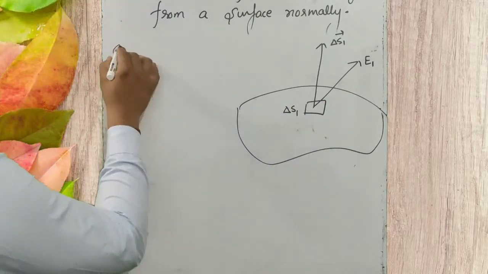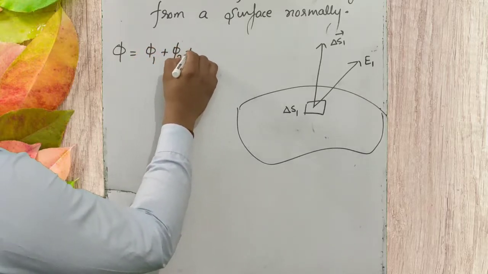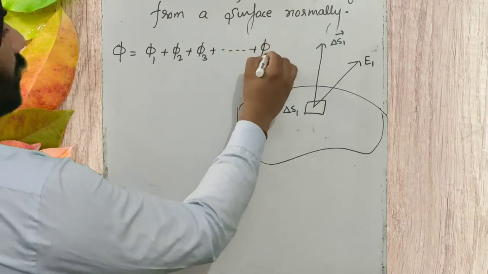We have divided this surface into n parts, so the total electric flux phi will be equal to phi 1 plus phi 2 plus phi 3 and so on up to phi n.